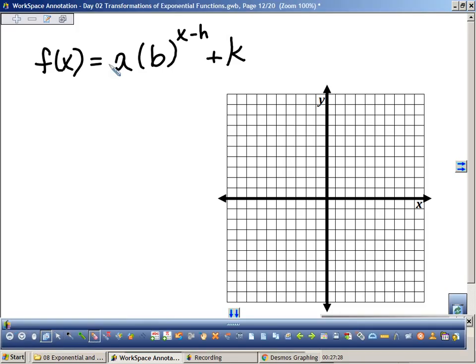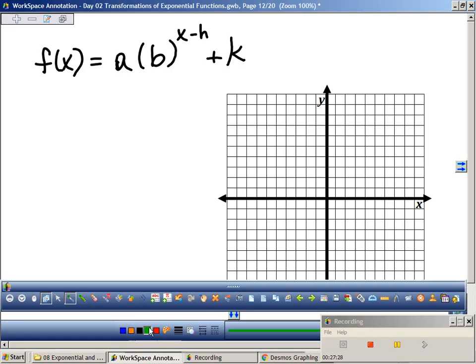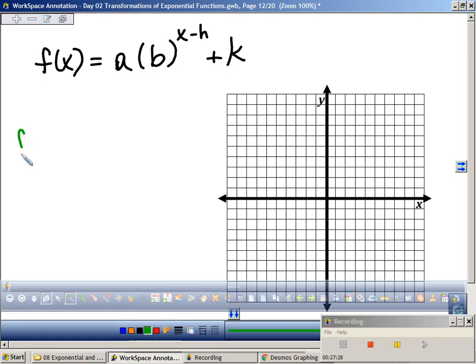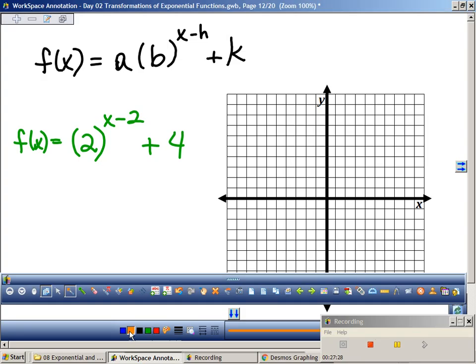Okay, let's apply some here real quick. I've got like 3 minutes. All right, how about f of x equals 2 to the x minus 2 plus 4. What does 4 do to me? You guys please don't pack up.